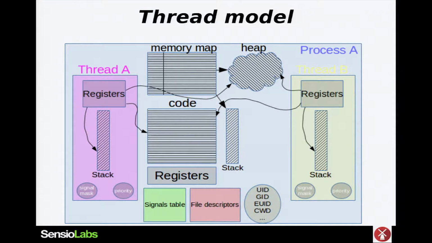Okay, so like you can see, in blue you have a process, and on the right you have a thread B, which tends to be yellow, and on the left you have thread A, which tends to be purple.